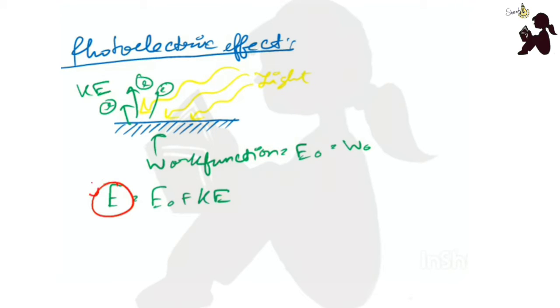Now this E is the energy of radiation. Now we can write it like this, that K equal to E minus E naught, or from Planck's quantum theory we have known now, this comes like this.